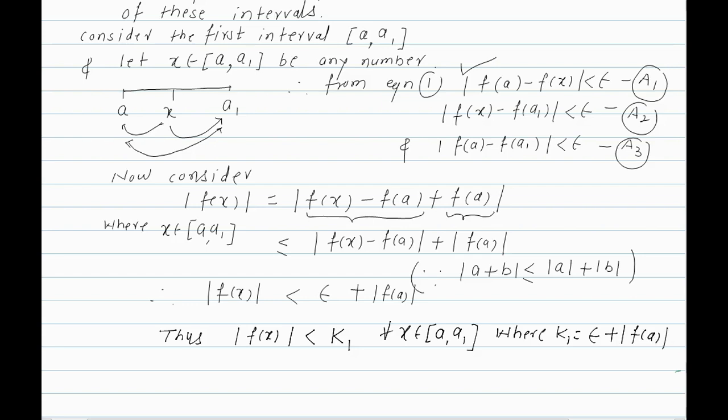F of a is the value of the function at the first point of the interval. So by definition, f of x is bounded on the first interval a comma a1.